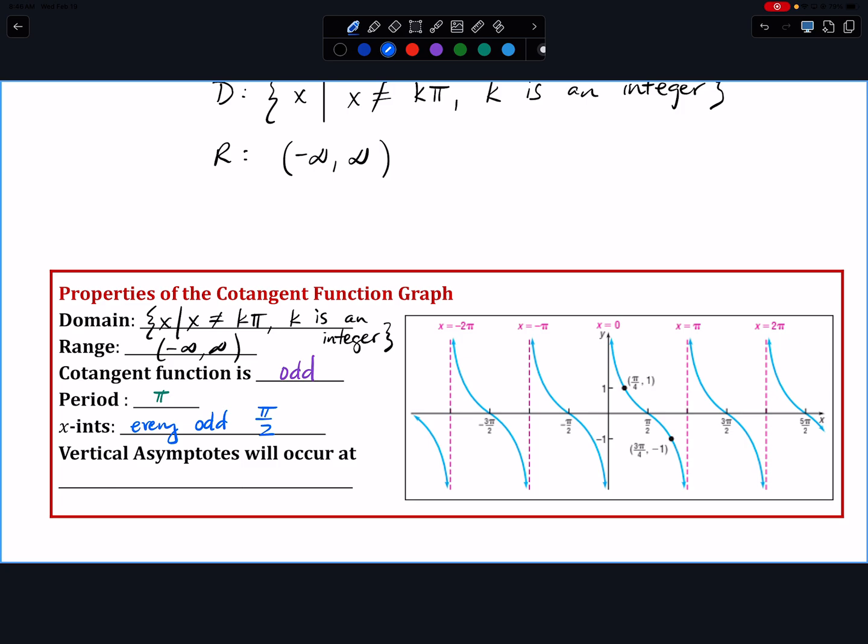Vertical asymptotes will occur at every x equals k pi, where k is an integer.